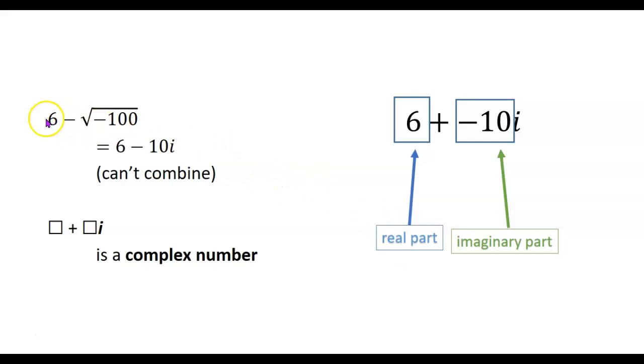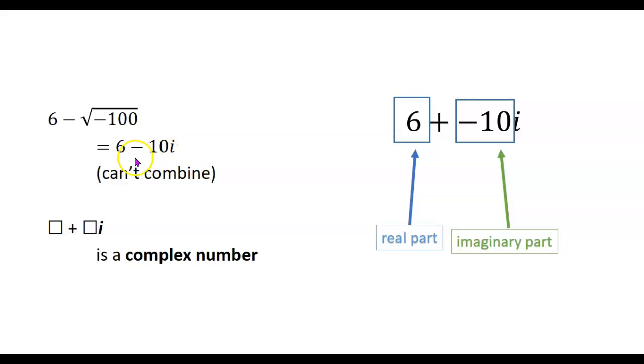Now, remember when we started with 6 minus the square root of negative 100 and we wrote it as 6 minus 10i? Now, you can't simplify that any further because you cannot combine the 6 and the 10i. They're not like terms. The 6 doesn't have an i, but the 10 does. So that's as far as you can go with that.